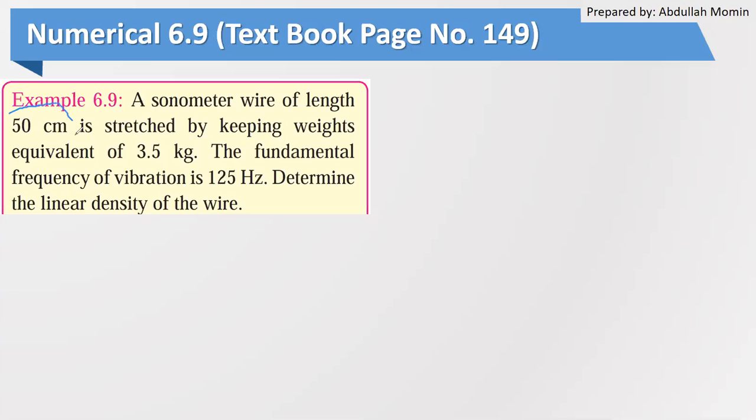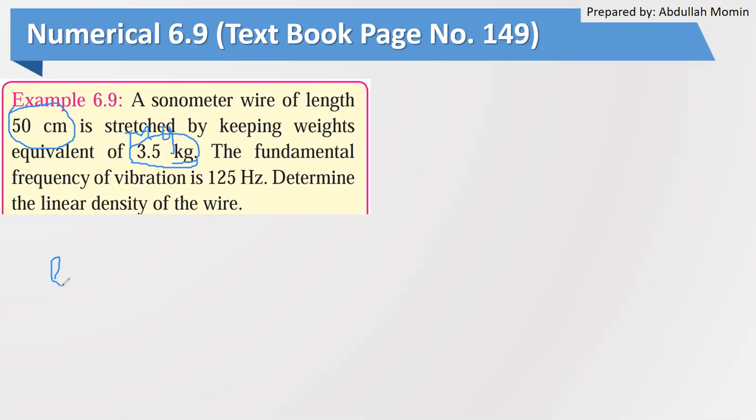Here the length of the wire is given, which is L, and it is stretched by keeping the weight of 3.5 kg equivalent. If the weight is given in kg, that means it is mass, and in order to convert this into weight, we are going to multiply it by g, that is acceleration due to gravity.